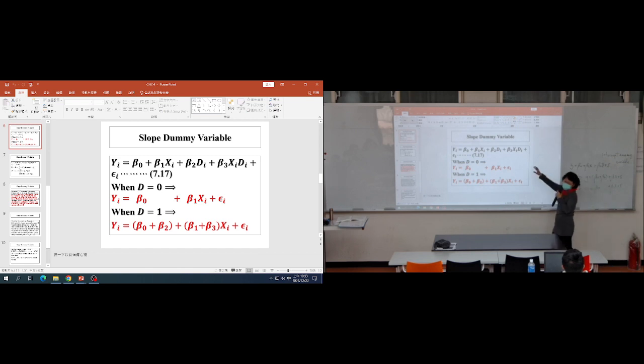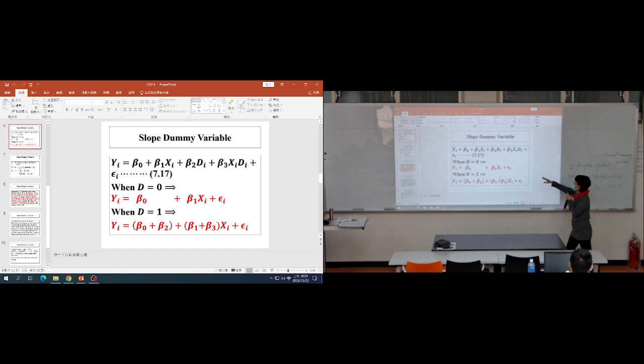So in this situation, after we add interaction terms of the x variables and the dummy variables, it creates more real situations. So this regression analysis can explain more in the world.